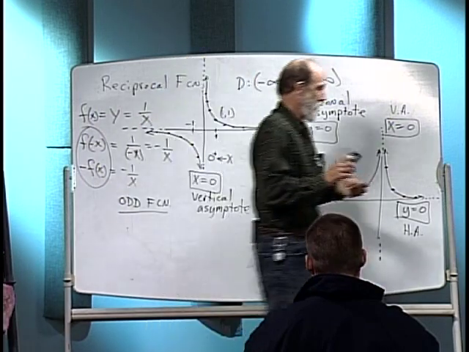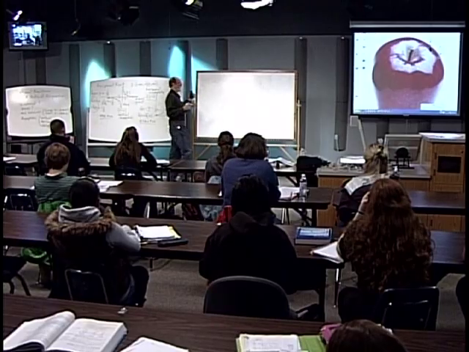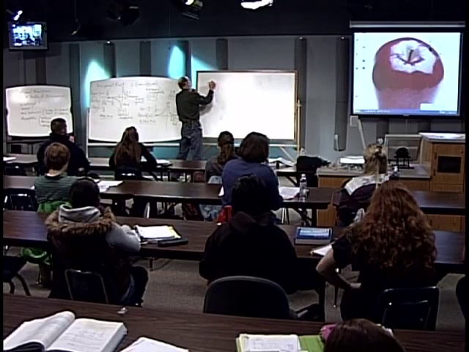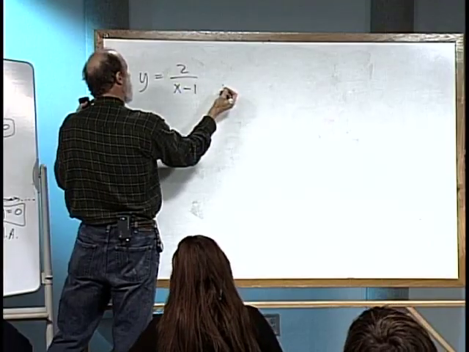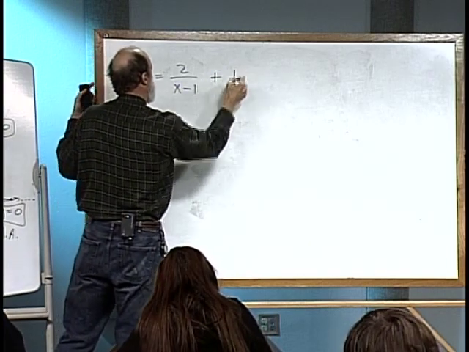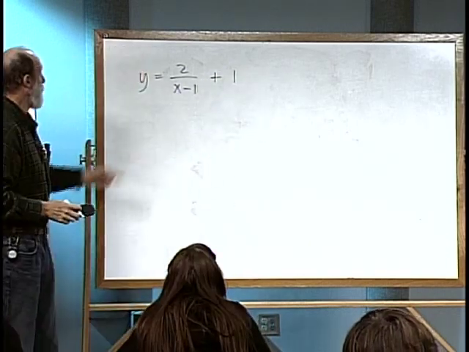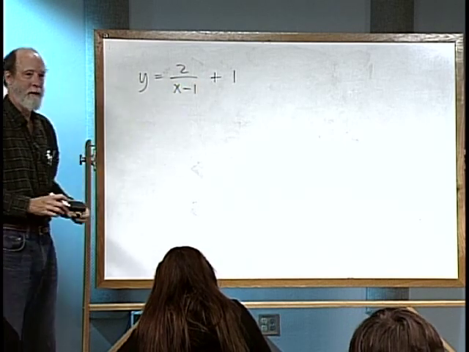Okay, so let's make up one, a variation on that first one over here. So let's do this. y equals 2 divided by x minus 1, plus 1.